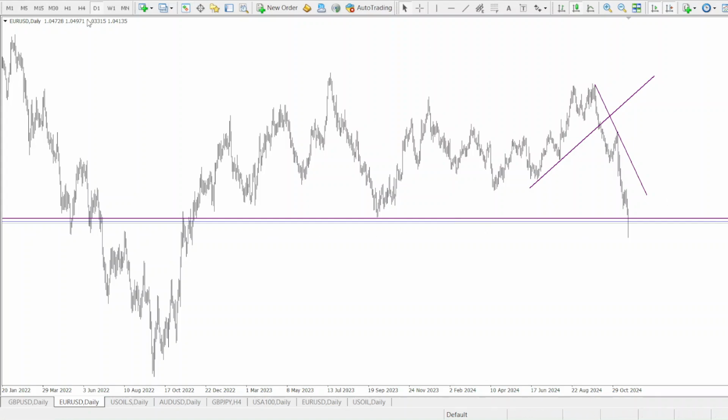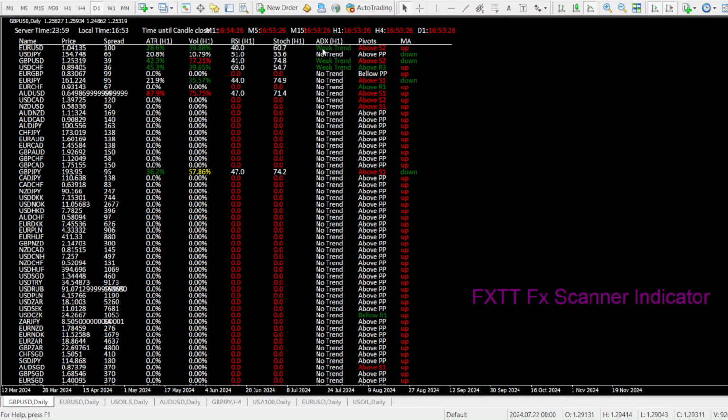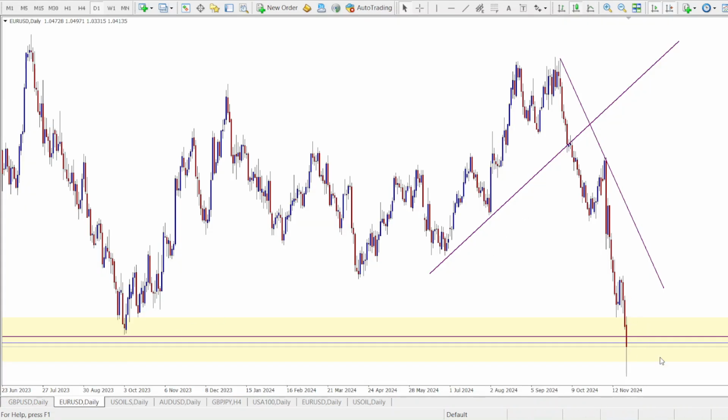So as the price is still within this support zone, we could possibly see a bullish reversal. Remember that the ADX is telling us that the current trend is weak. So since the sell trend is already losing momentum, it is possible that we could see a bullish reversal soon.